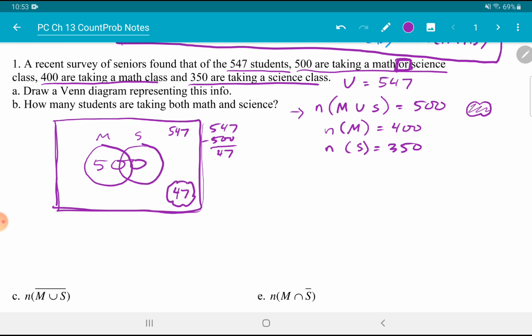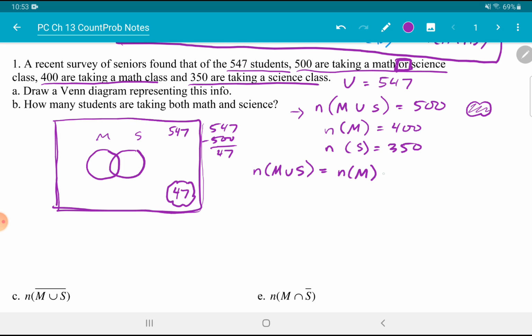What we also want to do is break up our circles of math and science. We know that there's 500 students making the combination of the two circles, but how do we find out just the inner parts of those circles, right? So what we can do is involve our inclusion-exclusion formula. We know that the number of students taking math or science is given by the number of students taking math plus the number of students taking science minus the number of students taking math and science.